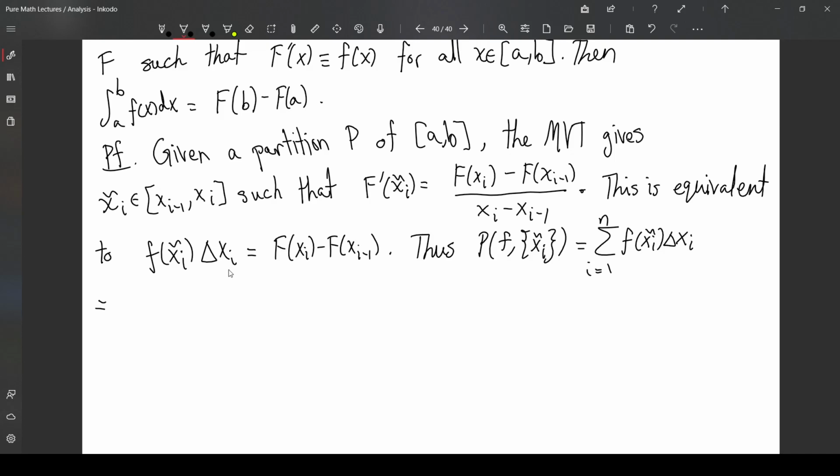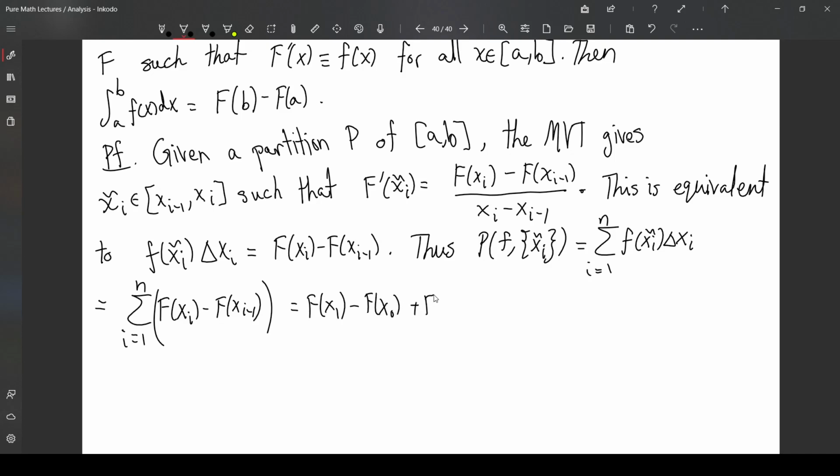Using the equality that we have here, we get that this is F(x_i) minus F(x_{i-1}). And this is a telescoping sum. If we plugged in i equals 1, we would get F(x_1) minus F(x_0).